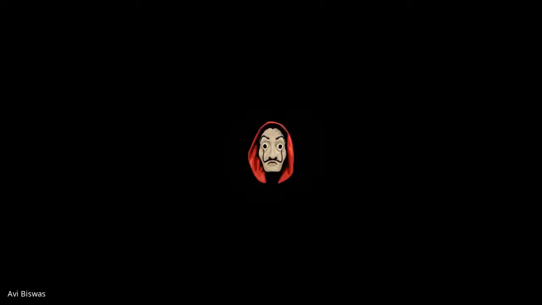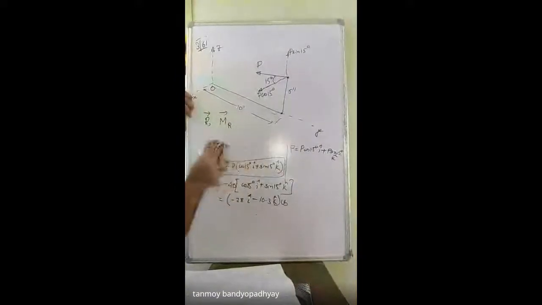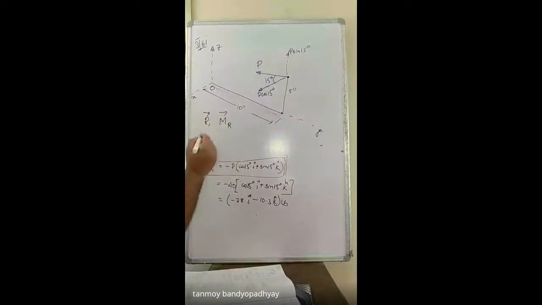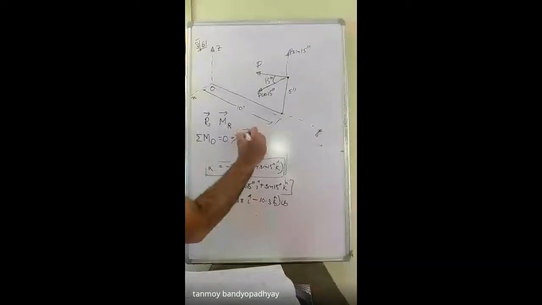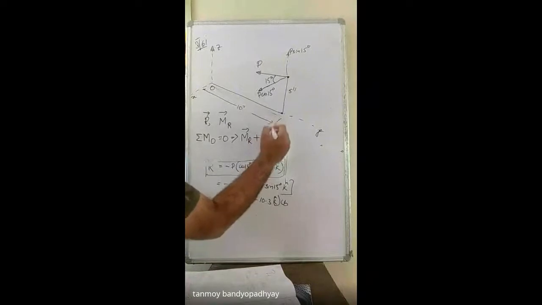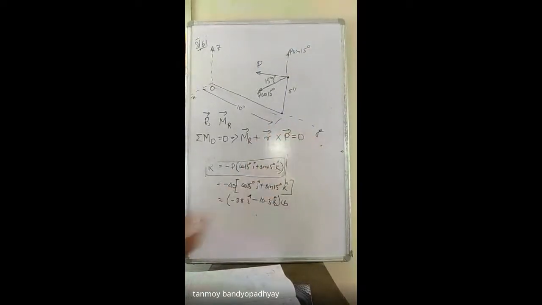Again, from the equilibrium of the moments, the net moment at the point O should be equal to 0. So we should have vector M_R plus the moment due to the force P, which is r cross P, equal to 0.